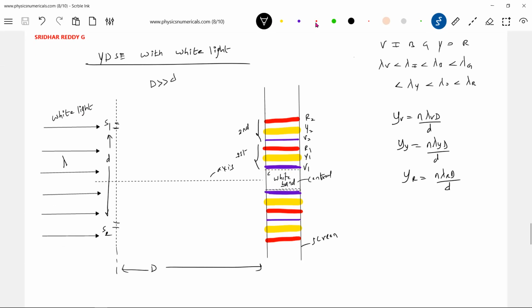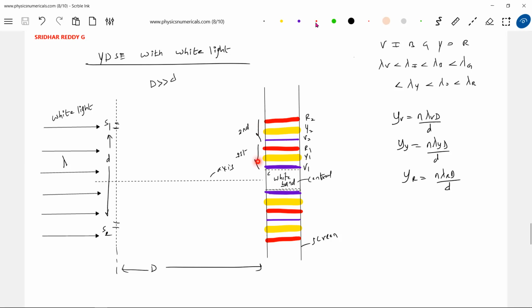One more thing: due to overlap of colors, other color combinations may come. I'm not stressing that. Here the third order violet may overlap with some order of yellow, maybe second order green, then violet plus green, and because of that some other color will come.